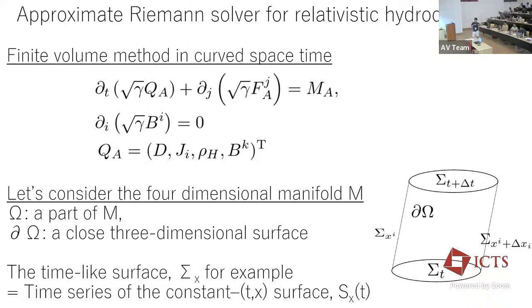Here is a hypersurface at t, and here is t plus delta t. And here gives the surface in space. So the time-like surface here, sigma x, for example in the x direction, should be considered as a time series of the constant-x surface, namely S_x^t.